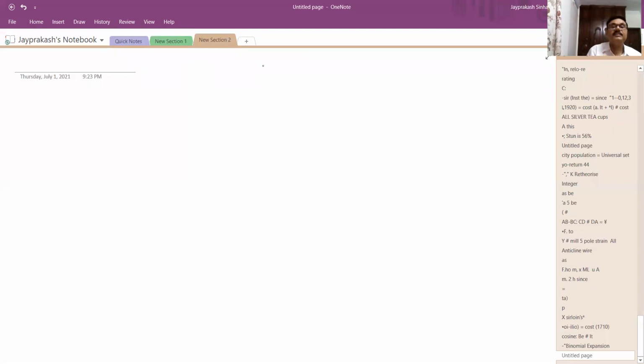Okay, so (a + b) to the power n, binomial expansion. We already know the expansion of (a + b) to the power 1, that is equal to a + b.